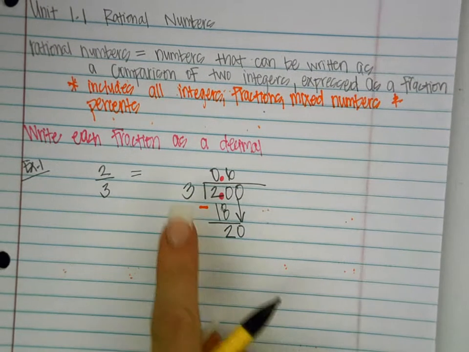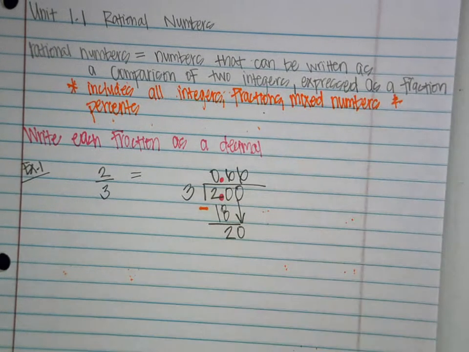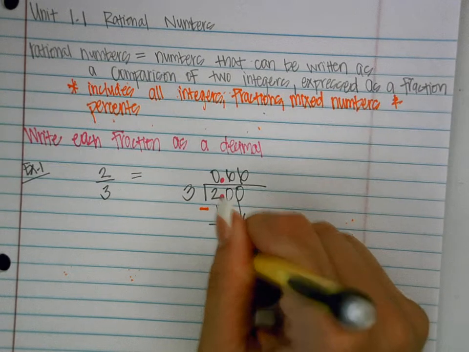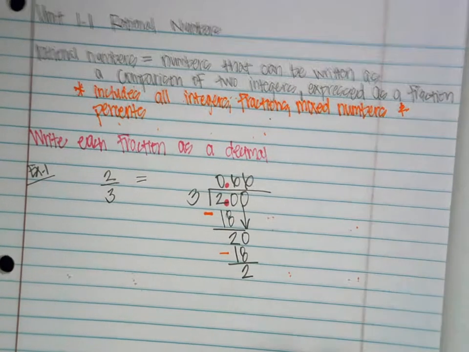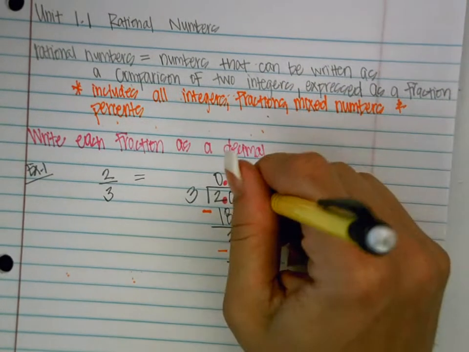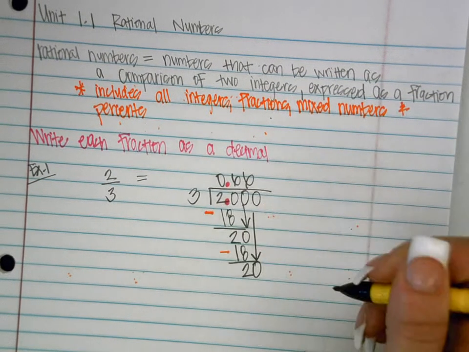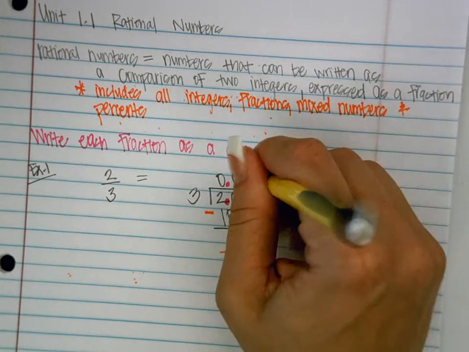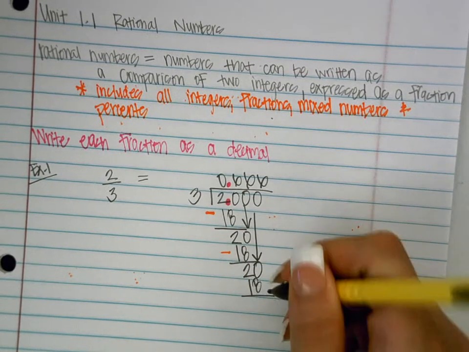How many times does 3 go into 20? 6. Do your multiplication. 18. Subtract. I'm left with 2 again. It's not done. So I put another 0. Bring it down. 3 goes into 20 6 times. 18. What are we noticing here?